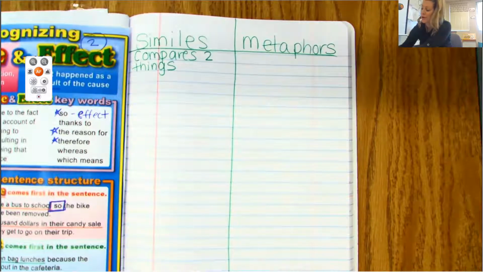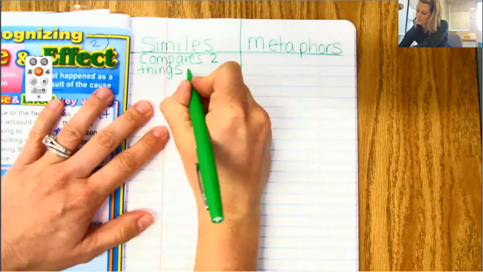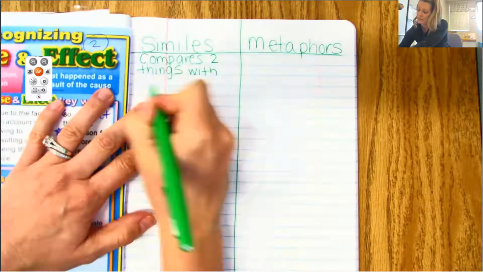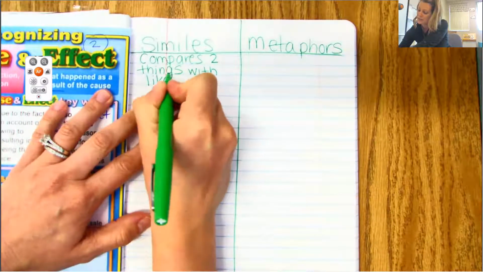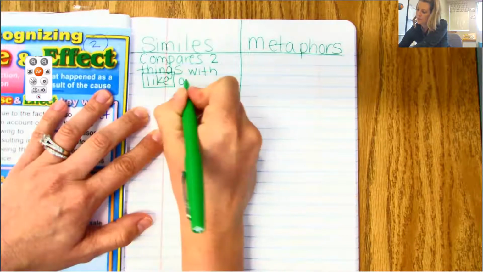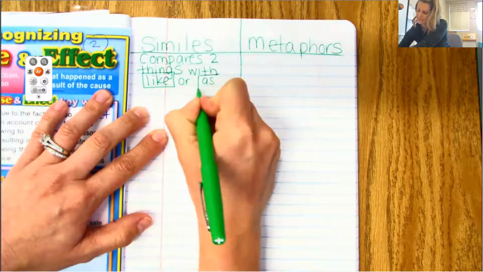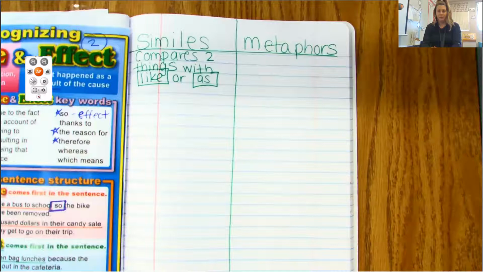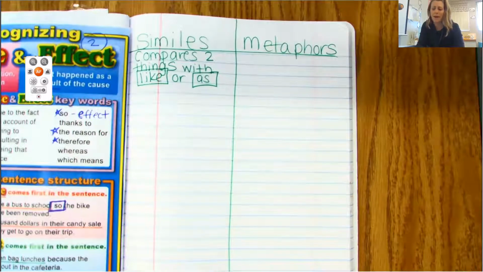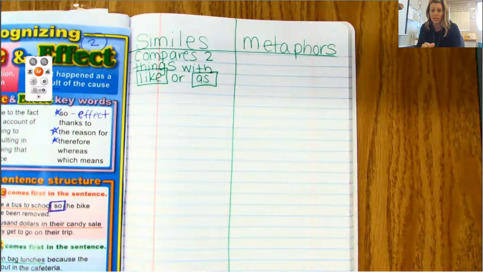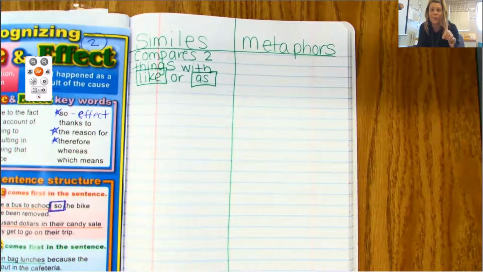With either like or as, okay? So then what's different about a metaphor? It compares two things too, doesn't it? Does it use like or as? No. And it compares them by saying one thing is like the other.